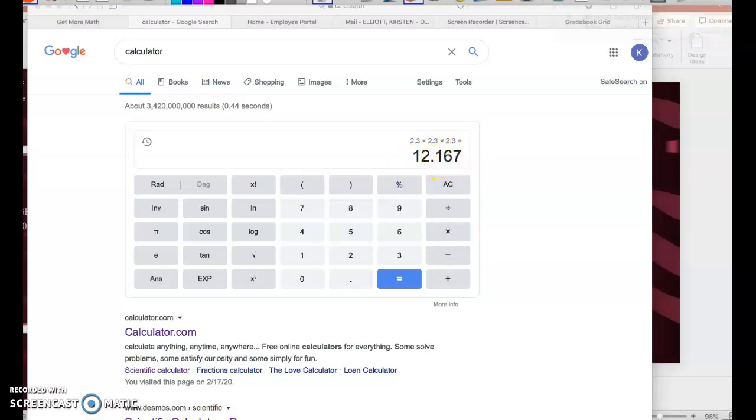I need to pay attention because I'm rounding to the hundredth, and the hundredth spot is the second number, so the tenth would be that number and the hundredth is this number here. I know that the 7 is bigger than 5, so my real answer should be 12 point, the 1 stays, but since this is bigger, it's going to be 12.17. Now let me go back and type in my answer.